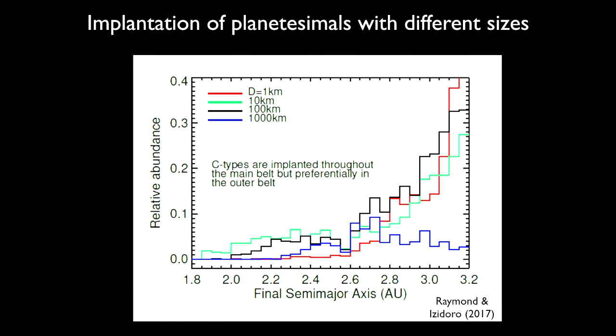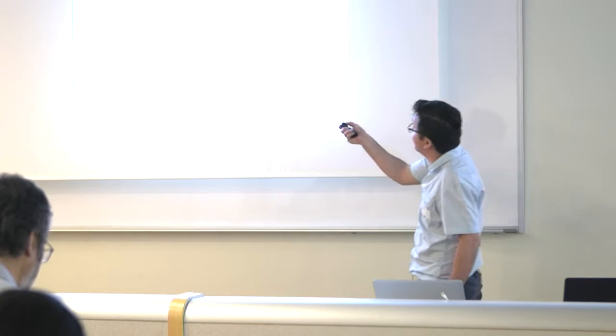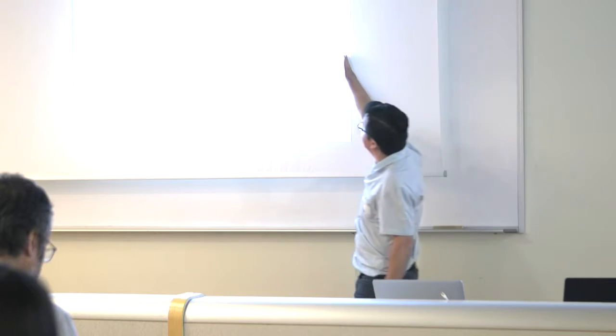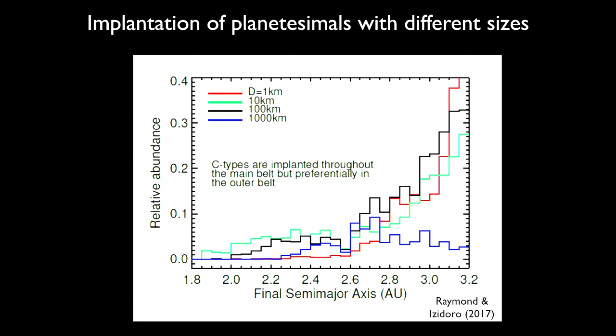Because gas drag depends on size. Planetesimals that are quite small feel a very strong gas drag, and they are typically implanted in the inner region of the belt, as you can see from the histogram. Most of them are implanted in this region. The bodies that are very big, like 1,000 kilometer size bodies, are implanted everywhere because they don't feel the effects of gas drag.